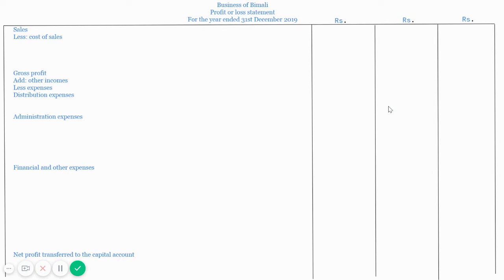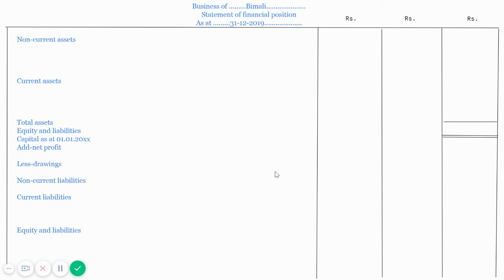So as I explained to you in my earlier video, the things which I have printed in blue color here must be with you before you are doing the sum. You have to take one full page for the preparation of the profit or loss statement and another one full page for the statement of financial position.